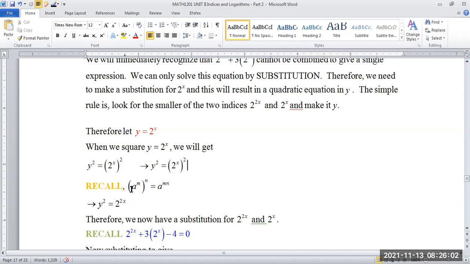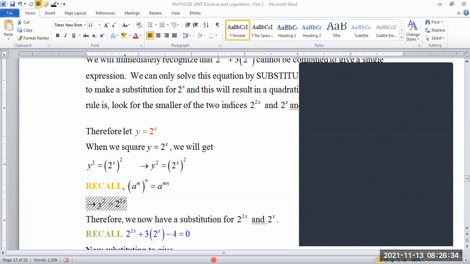A base that is raised to a power that is in turn raised to another power, we multiply the powers. So y squared is now equal to x times 2, which is 2x, so 2 to the 2x. Y squared is equal to 2 to the 2x.